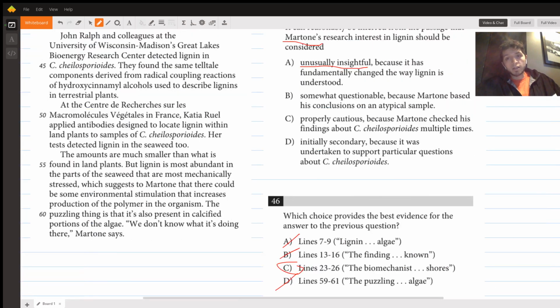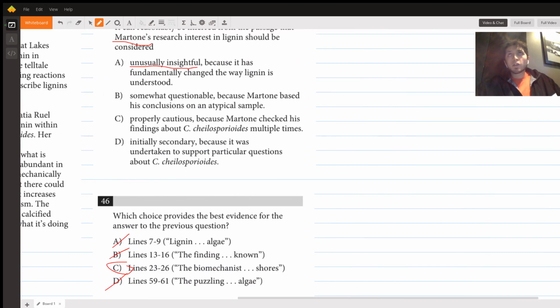So that is a change in the science. But we can look through the rest of the text, and it's just not enough evidence to say it was unusually insightful and that it fundamentally changed the way lignin is understood. Not really true. It might have changed the way we understand its evolution, but not fundamentally changed it. Too strong. We can get rid of it.